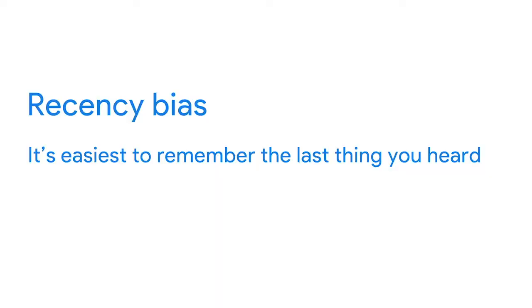Another kind of bias that affects designers is the recency bias. That's when it's easiest to remember the last thing you heard in an interview, conversation, or similar setting because it's the most recent. When talking to someone, you're more likely to remember things they shared at the end of the conversation.